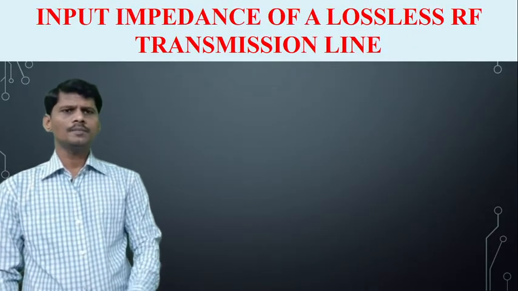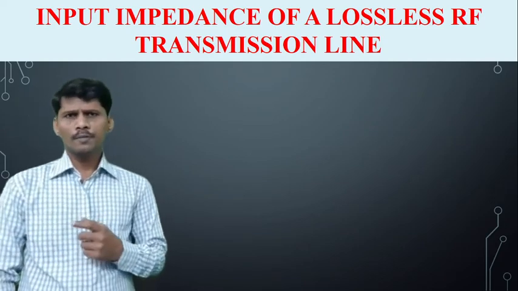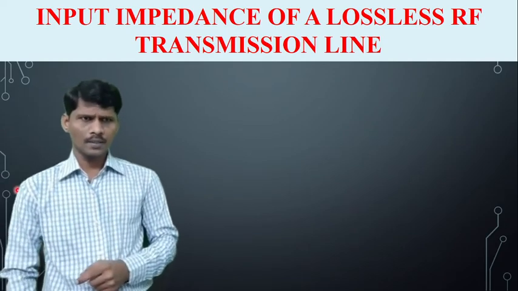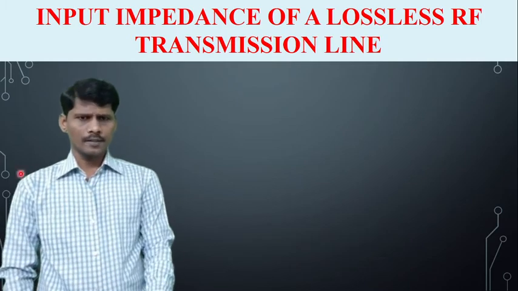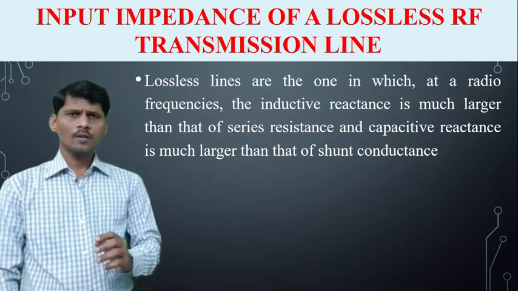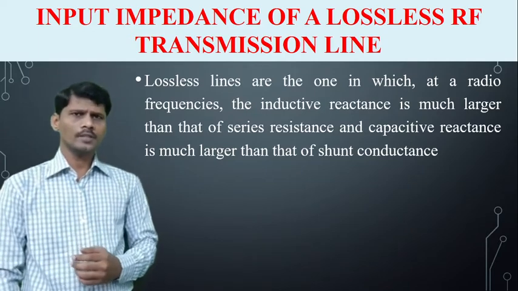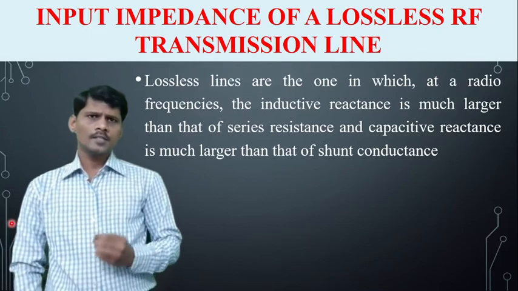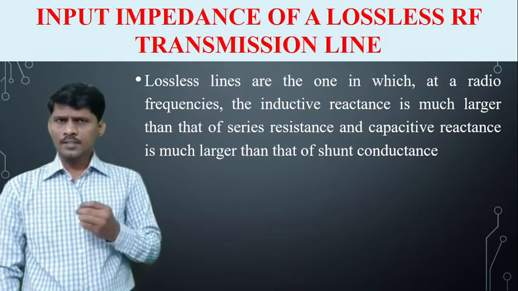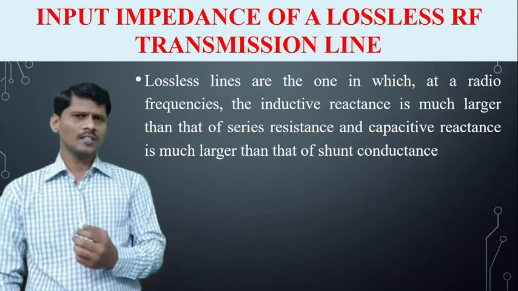Next, coming to the input impedance of a lossless RF transmission line. Lossless lines are ones in which, at radio frequency, the inductive reactance is very much larger than the resistance and the capacitive reactance is very much larger than the conductance.